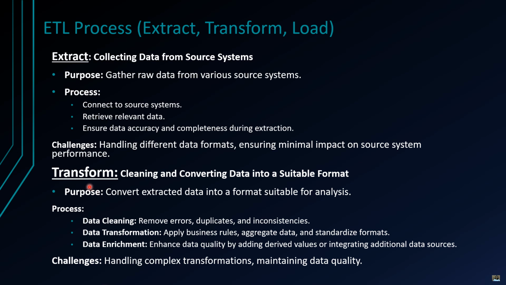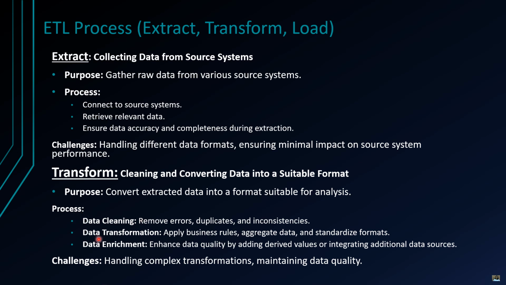Next, moving on to transform. Transform is cleaning and converting the data into a suitable format, in which we need. The purpose is to convert the extracted data into a format suitable for analysis.